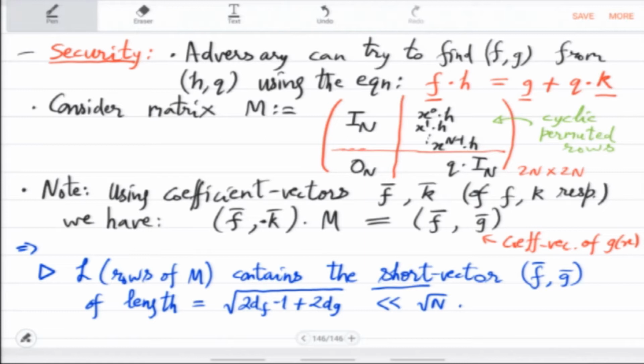Okay, so in terms of the dimension of the ambient space, this is actually a short vector, and this is contained in the lattice that the adversary knows. So now the adversary can try to use LLL to approximate the short vector and hopefully get f, g.